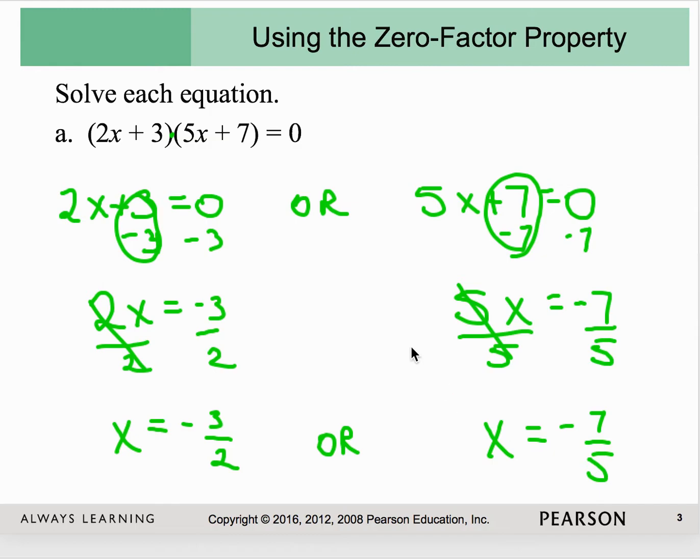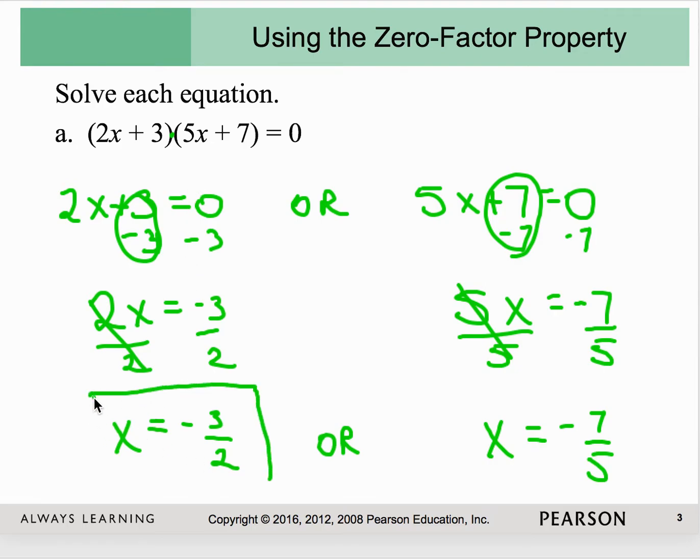Either one of those answers will make this 0, right? If I plug in -1.5 here, 2 times -1.5 is -3, plus 3 is 0. Zero times, it doesn't matter what that is, 0 times this is 0. If you plug in -7/5 here, that's 0. So they both work.